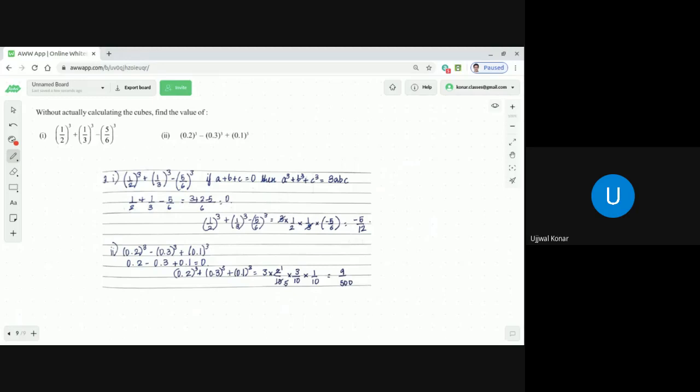Oh, just a minute. I think you did correct. Yes, you deserve marks here, and that is equal to 3 into 1 by 2 into 1 by 3 into minus 5 by 6.